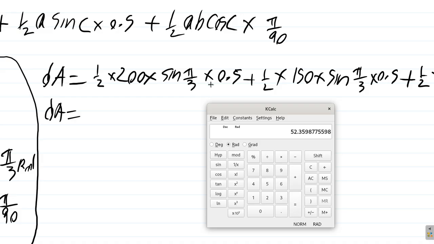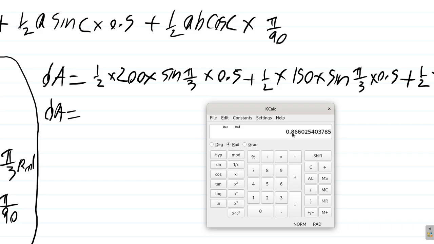Let's do it again, make sure we didn't make any mistake. So we have pi over 3 equals that. And then sine of that. I made a mistake, you know.